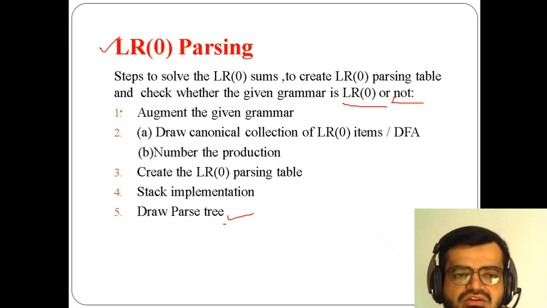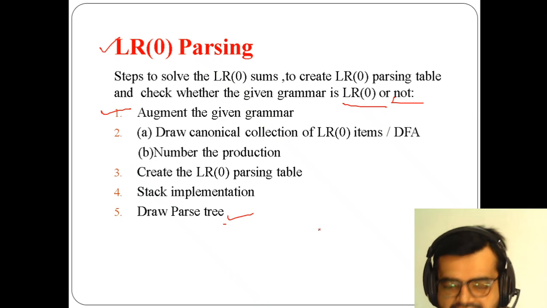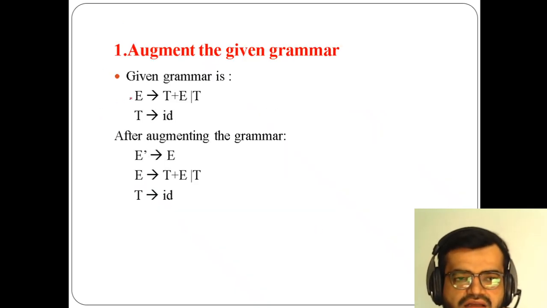The first thing is that you need to augment the given grammar. Augment means, for example, this is my simple grammar, this is not an augmented grammar. Here the start symbol is E. So I have to take another symbol as the start symbol, in addition to the existing start symbol.